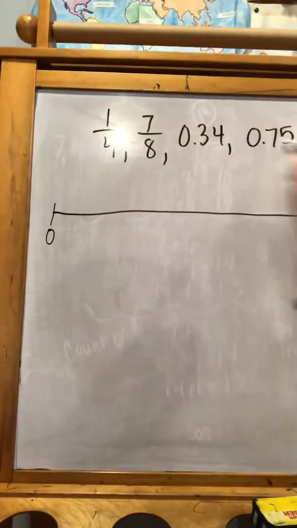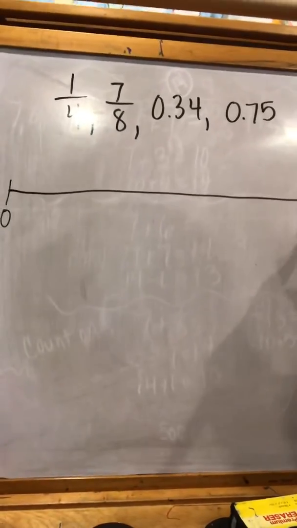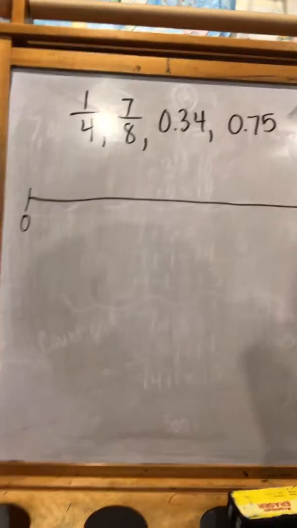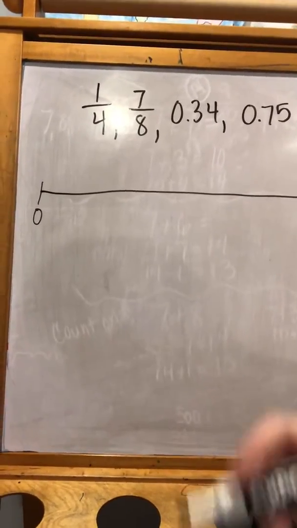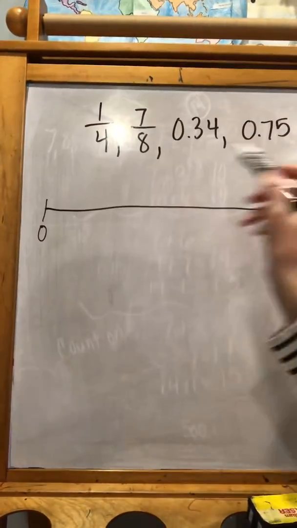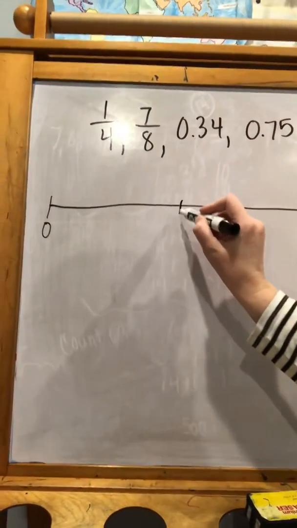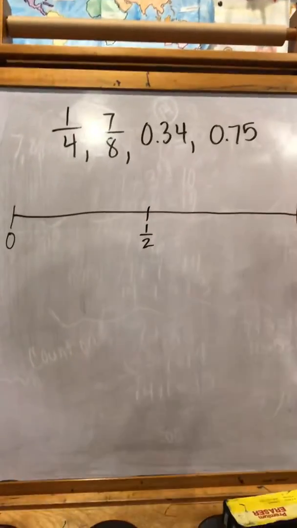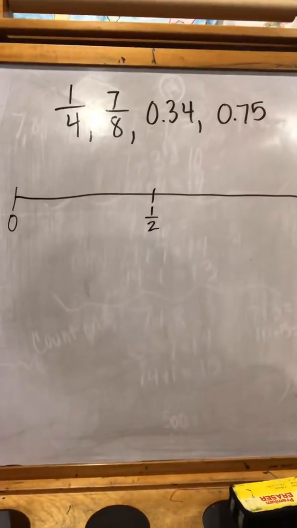I know that none of these fractions or decimals are above 1, so I'm going to think on my mental number line between 0 and 1. And then what I'm really trying to do is think about, are any of these pretty close to 0 or 1? Are any of these pretty close to half? And then from there, that might help me place them in order from least to greatest.